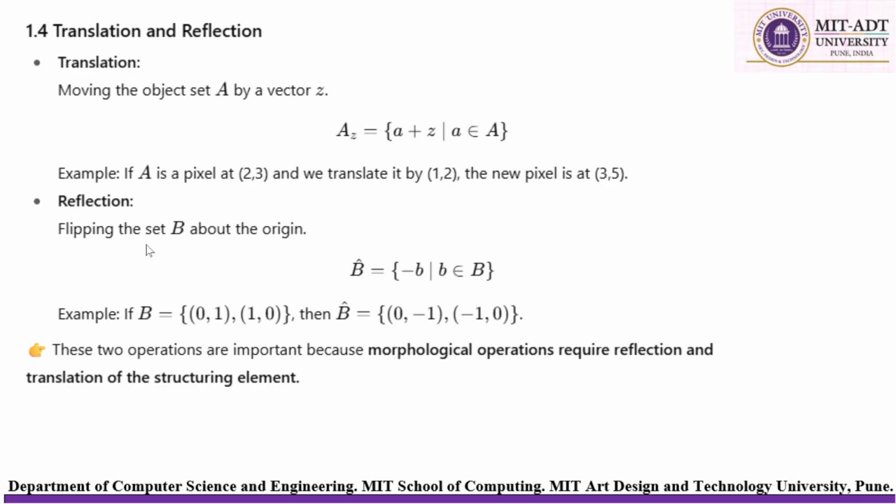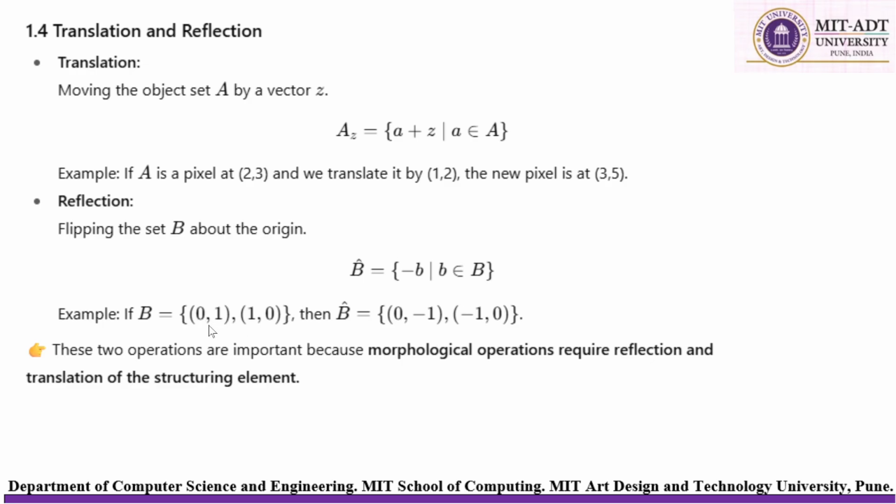So flipping of the set B contents about the origin is denoted with B cap, the reflection of B, equal to minus b such that b belongs to set B. For example, let us say B is equal to (0, 1) and (1, 0).